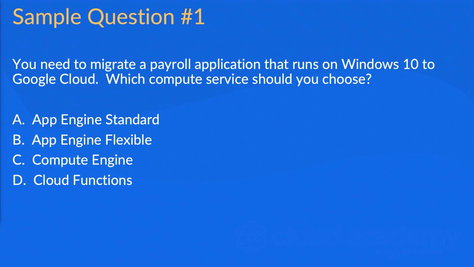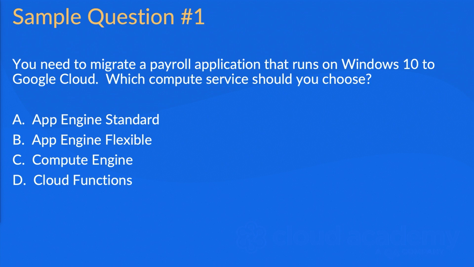Now, if you read the 4 options and you're familiar with these products, hopefully immediately Cloud Functions jumps out as a wrong answer. Cloud Functions is not used for running arbitrary apps. It's used specifically for writing short little functions. It's pretty common that one of the answers you can immediately eliminate right away.